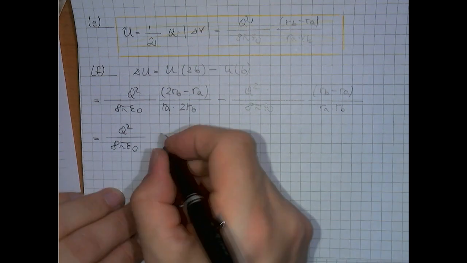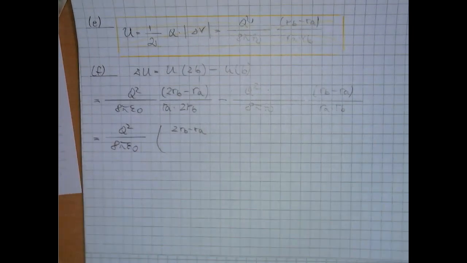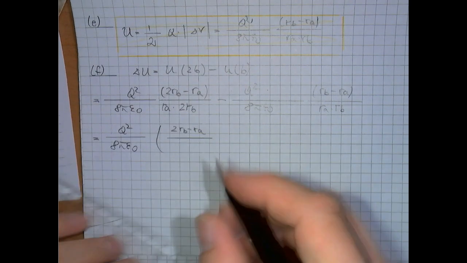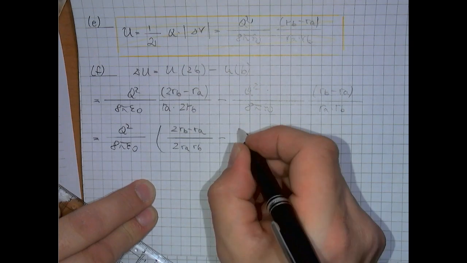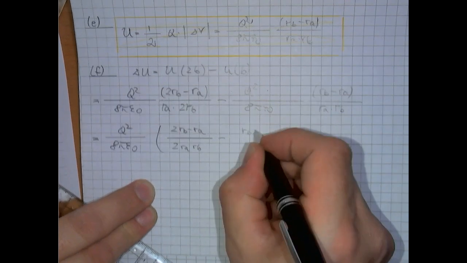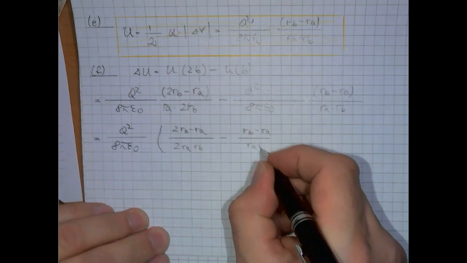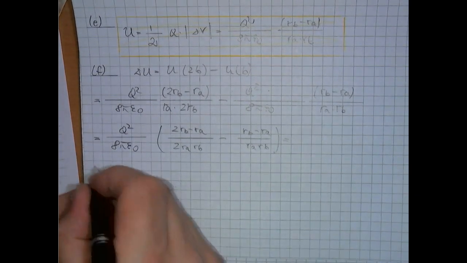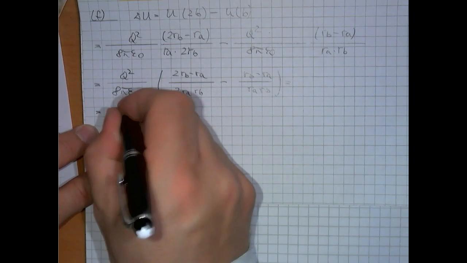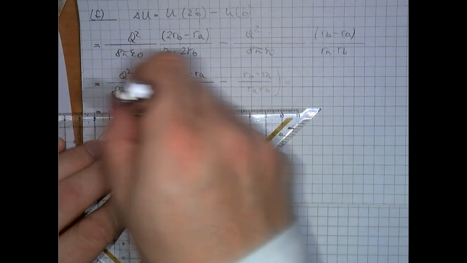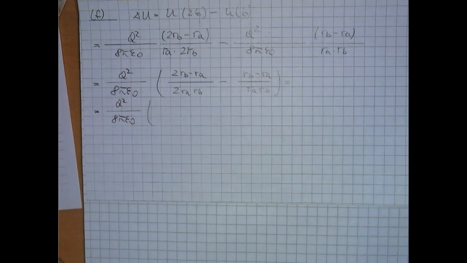And then we have here (2r_B minus r_A) divided by 2 r_A r_B, minus (r_B minus r_A) divided by r_A r_B. So now, how can we simplify this further? Q squared divided by 8 pi epsilon naught. This is then what?